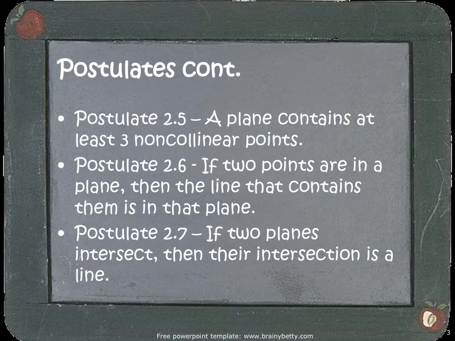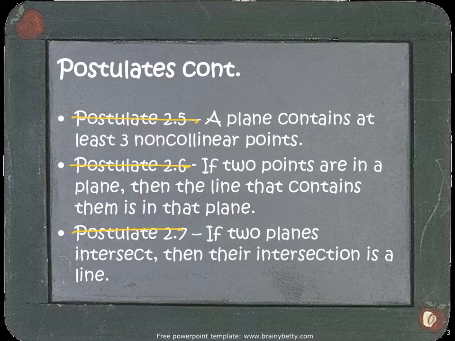Next one, again, don't memorize the numbers. Next one states a plane contains at least 3 non-collinear points. It can be more than 3 points, but you need a minimum of 3 non-collinear points to name a plane.